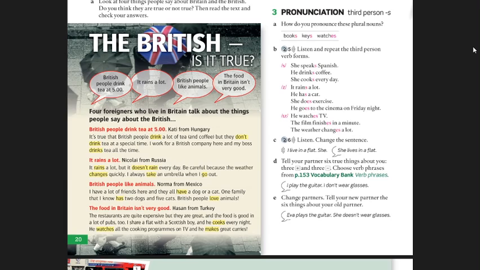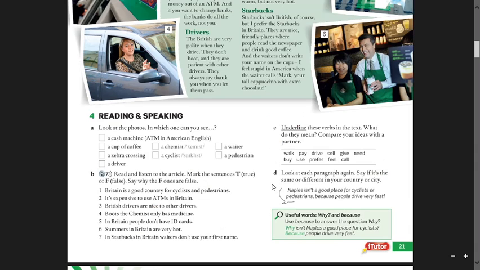Then you're going to read the article again, and you have to say if the sentences are true or false, okay? If the sentence is false, you have to correct it, okay? And then in activity C, you have to underline the verbs in the text, and you have to say what they mean.